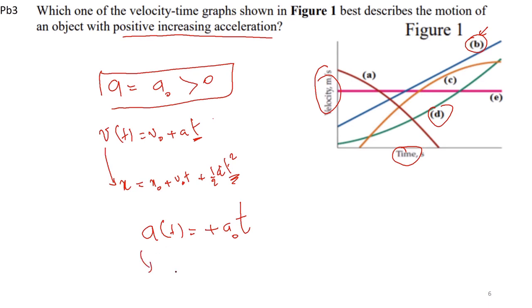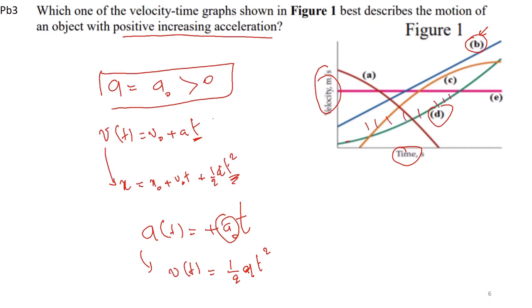So my velocity as a function of time will be a parabola, a quadratic equation, half a naught t squared. Because this is positive, in a quadratic equation the second derivative gives you the concavity.